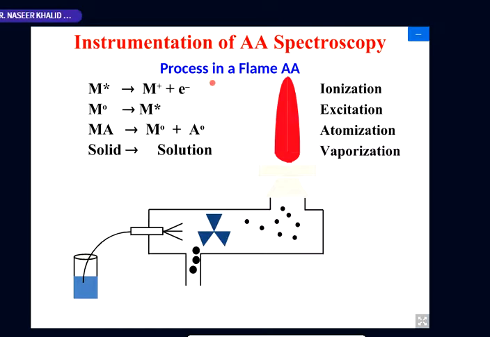So the energy levels of the shells will be changing, and when they change, they will get a different wavelength to be absorbed or to be emitted. So within the flame these are: evaporation, atomization, excitation, and ionization. And we have already explained this in the slide, and it may be continued in the next slide.